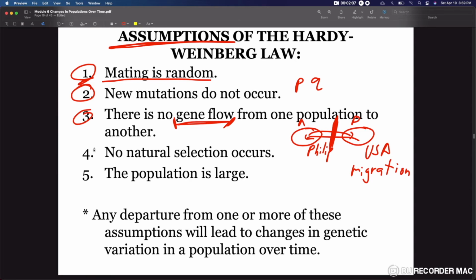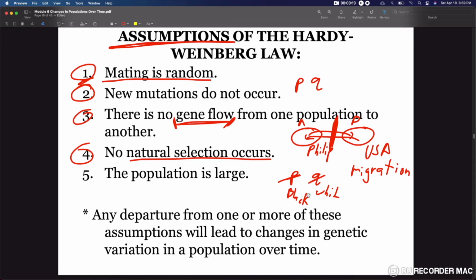Next is that there is no natural selection occurring. Because again, if your p and q are preferentially selected by your environment, then maybe your q might die or your p might die. Remember, if that trait is not fit, like for example skin color, if this is your black and this is your white, this is the black skin color.